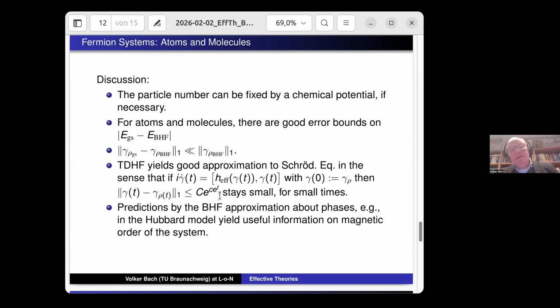Let me say what is still open, in my opinion, namely, I think the picture of what should emerge for large times is totally unclear. That is, what we get here is a small time approximation, and we know a priori that for large times the system converges weakly to its ground state in some sense.